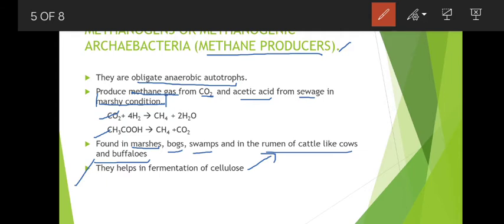As we know, these cows and buffaloes eat grass or plants. They are herbivores. They eat only plants. So they need certain specific bacteria in their guts to ferment or digest the cellulose. So these methanogenic archaebacteria help in digestion of cellulose in the plants that the herbivores eat, especially cows and buffaloes.